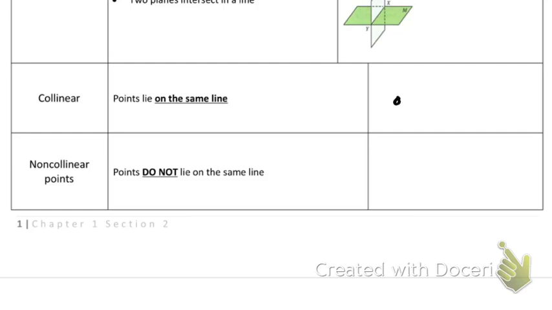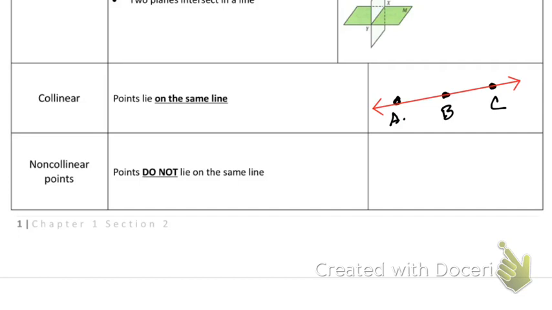I'm going to draw A, I'm going to draw B, and I'm going to draw C. Note, there's no actual line going through those, but they are considered collinear. They're collinear because if I wanted to, I could draw a straight line through all 3 of them. So if you can draw a line through all 3 of them, it is automatically collinear. The line does not have to exist. It's just if you can draw a line through them, they are collinear.